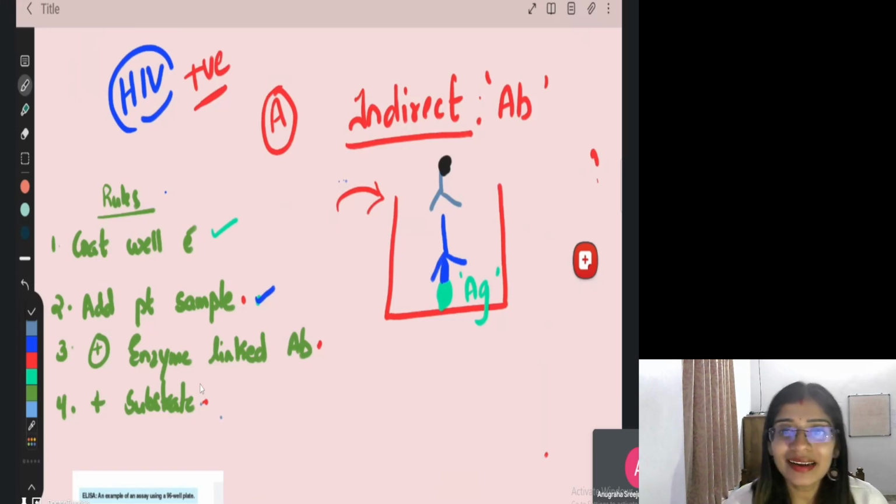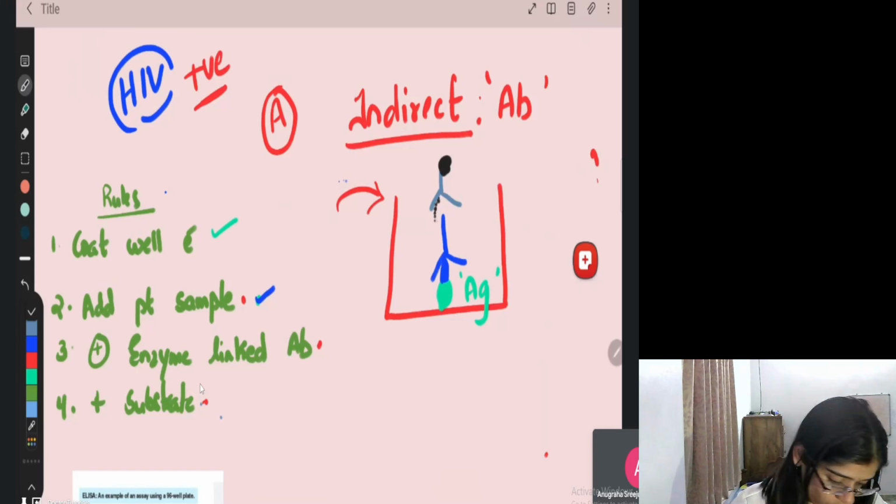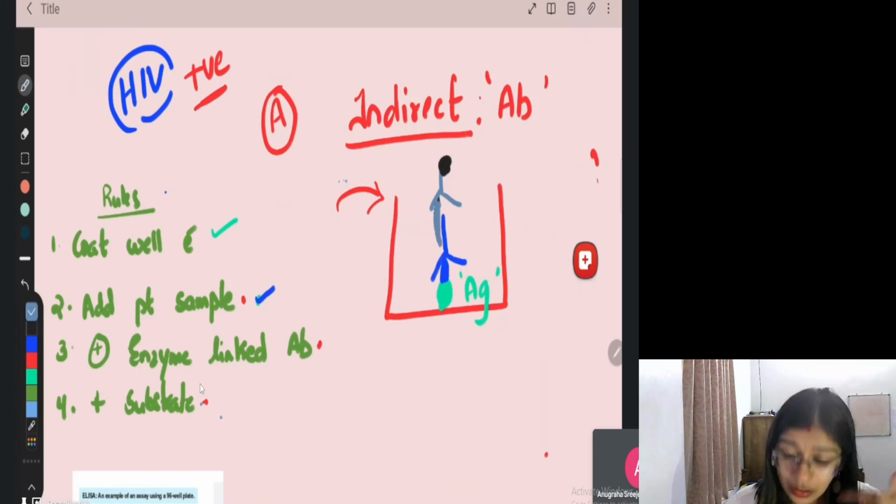Usually antigen and antibodies are lovers, they form the bonds. But here in indirect ELISA, remember the concept: the enzyme linked antibody forms a bond with another antibody. So this concept you understood.